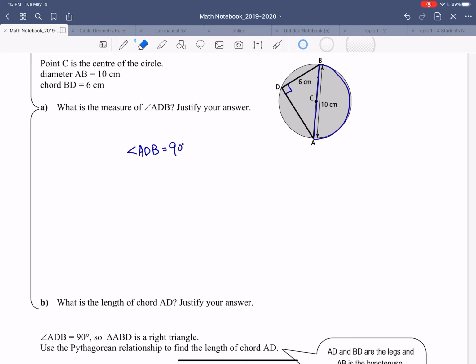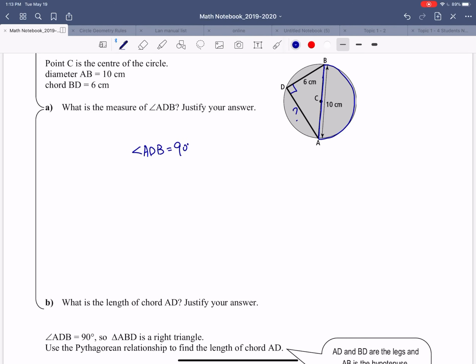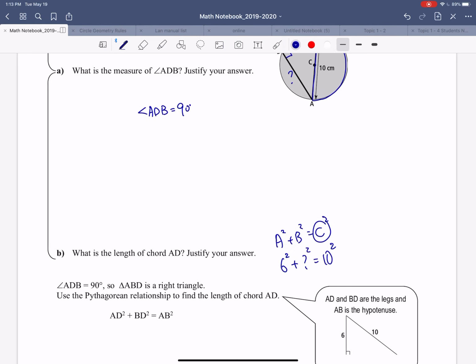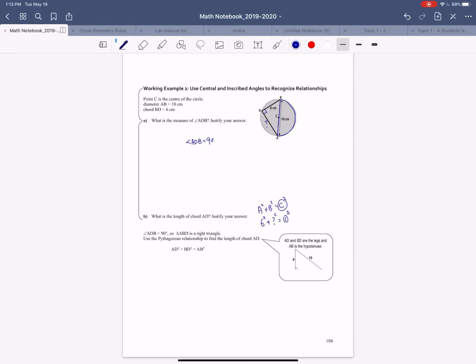What's the length of the chord AD? This chord here. It's a right triangle, so you are using the Pythagorean theorem. a squared plus b squared equals c squared, and c is the hypotenuse, which is the diameter AB. Let's assume a is 6, so 6 squared plus AD, which we don't know, squared equals 10 squared.